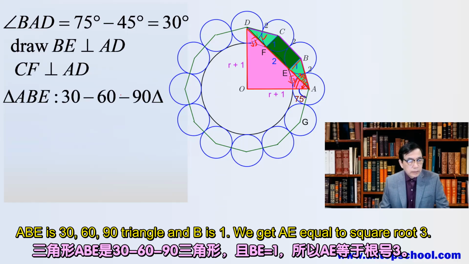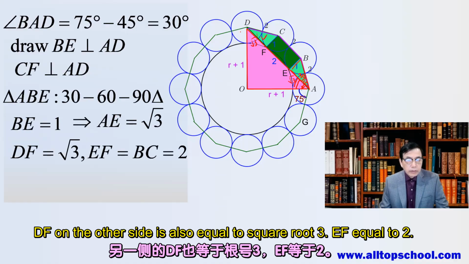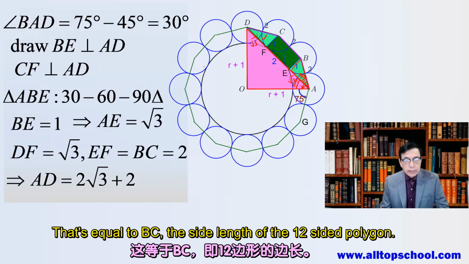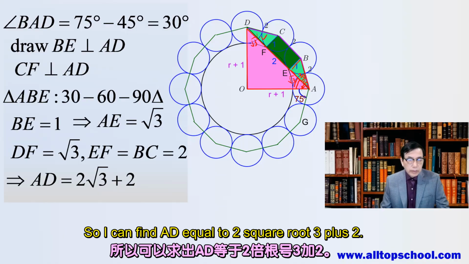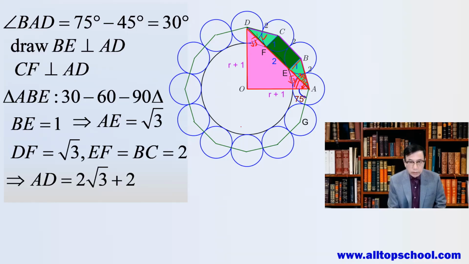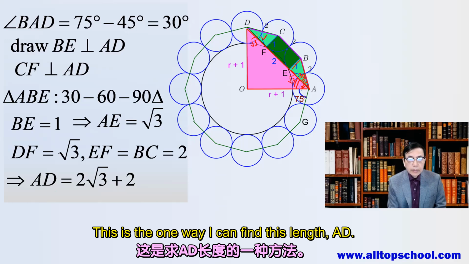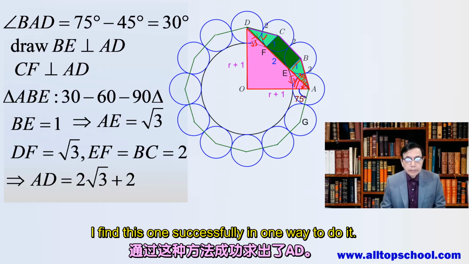ABE is a 30, 60, 90 triangle and AB is 1, so AE is square root of 3. DF on the other side is also square root of 3. EF equals 2, which is equal to BC, the side length of the 12-sided polygon. So I can find AD equal to 2 square root of 3 plus 2. This is one way I can find this length, AD.